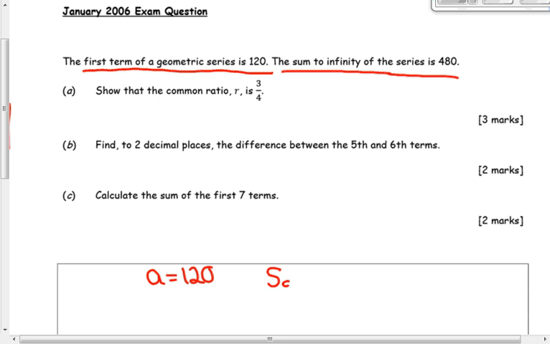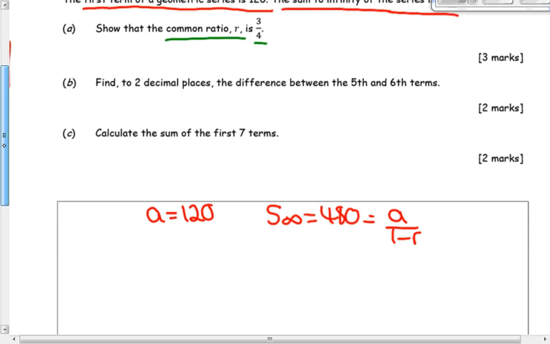So, S infinity equals 480. And from earlier on in the booklet, we know that this is equal to A divided by 1 minus R. Now in part A, we're asked to show that the common ratio, R, is 3 over 4.